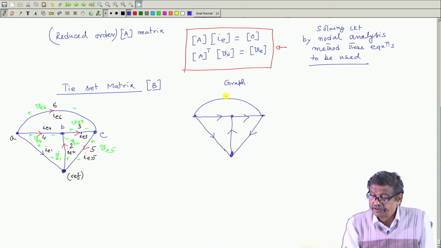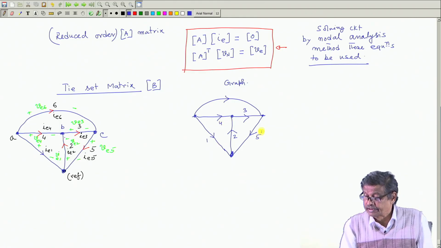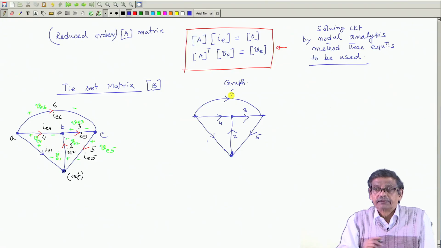This was the directions and these were the name of the elements. Simply write 1, 2, 3, 4, and where is 5? 5 and 6. This was the graph of the network.